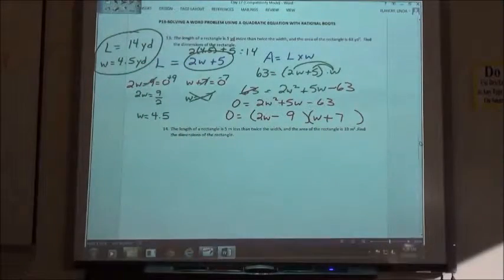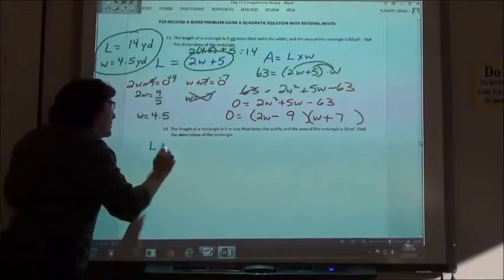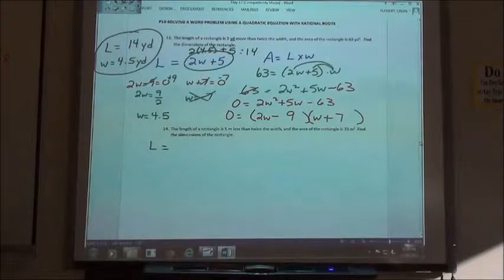This next one is going to be pretty similar to what we just did. It says the length of my rectangle is 5 meters less than twice the width. So what should I write L is equal to?